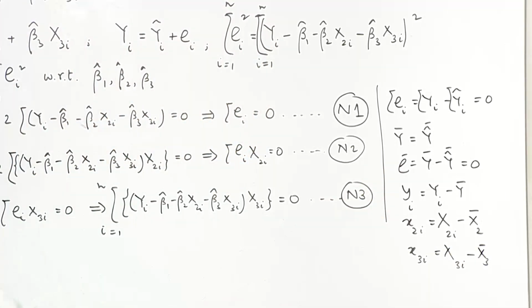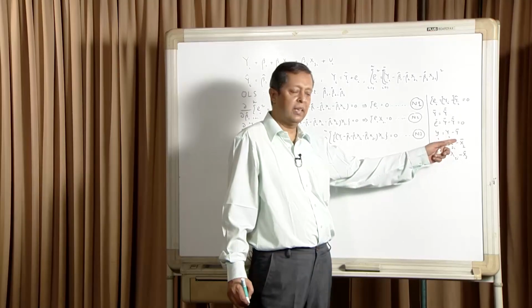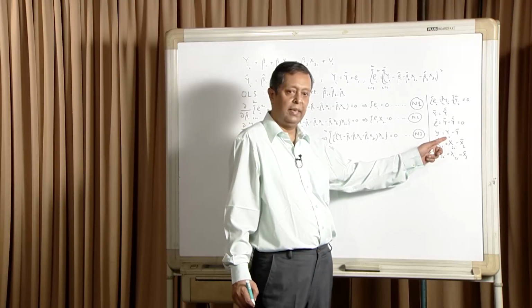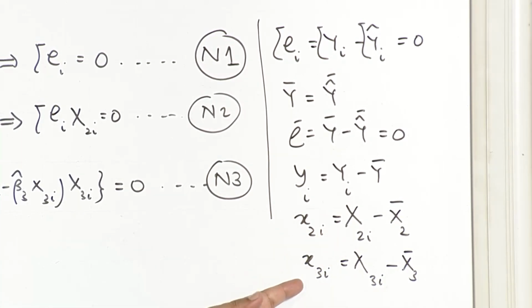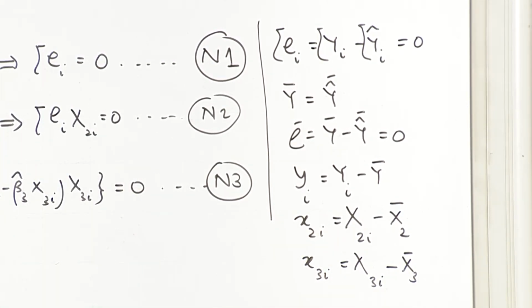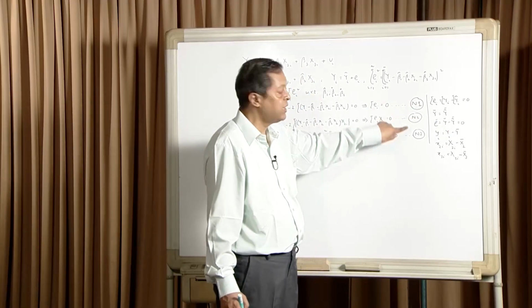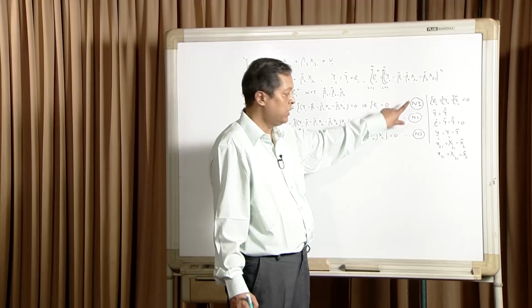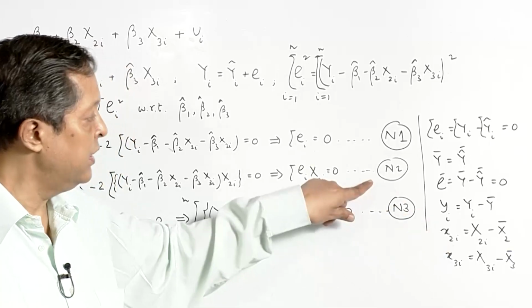So, these are called variables in deviation form. We make a mean correction. So, small y is in deviation form, small x_2i is in deviation form, and small x_3i is also in deviation form.